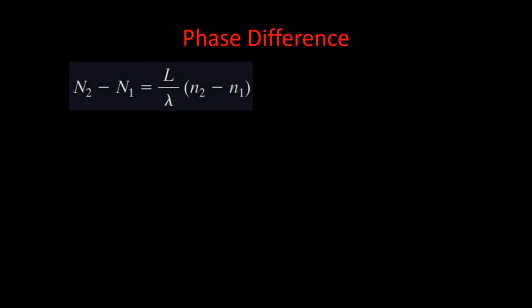So just to summarize, delta n will be L over lambda times the change in the refractive index. Don't mix up your n's. This L value is whatever the path length was. How far through the medium did the light travel?